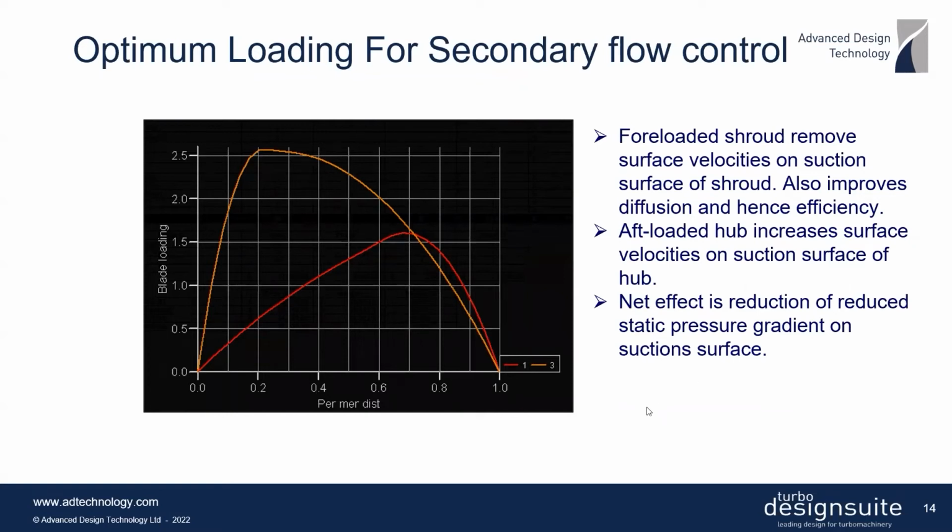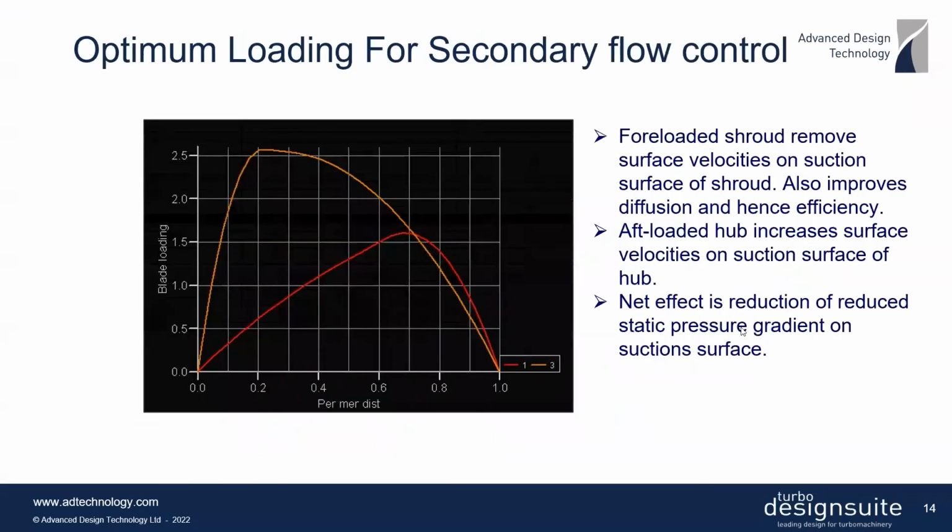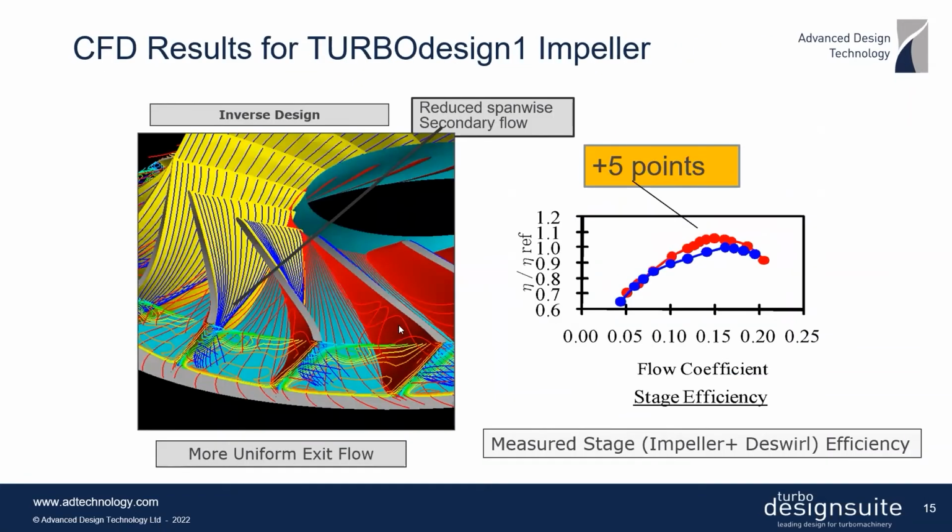And the net effect of this type of change is that essentially it will help you to raise the suction surface hub velocity and reduce the suction surface shroud velocity, and therefore reduce this gap, which is essentially what we're trying to achieve here. And so this is actually the key element of this approach. And so let's look at this example of a case where this type of compressor was actually designed.